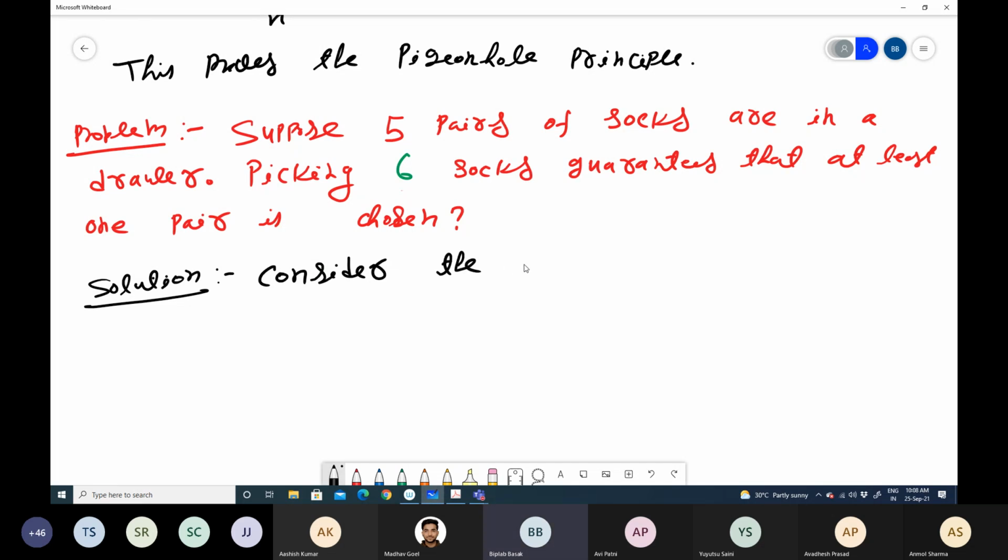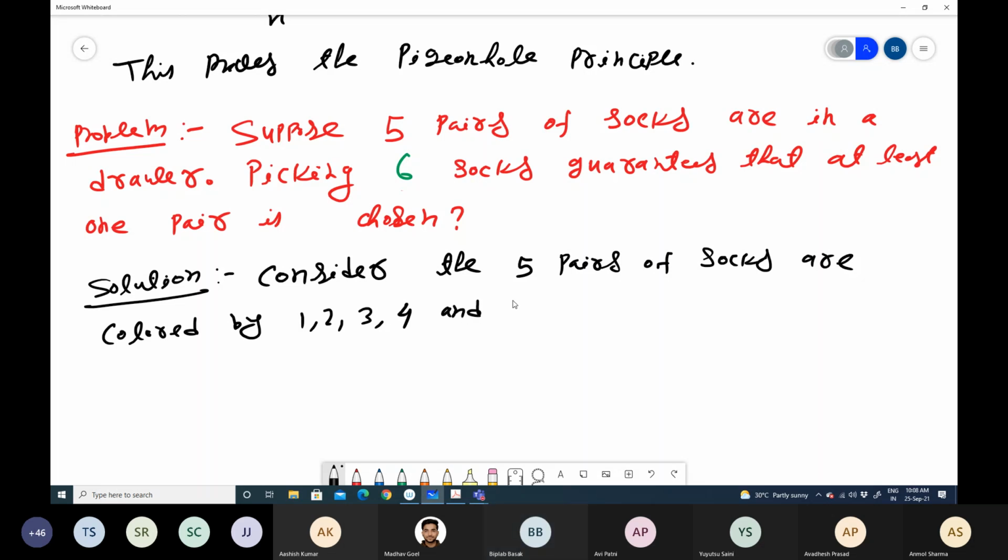Consider the 5 pairs of socks colored by 1, 2, 3, 4, and 5 respectively. So each pair we are giving a different number to differentiate them. Okay, so that you can differ them.